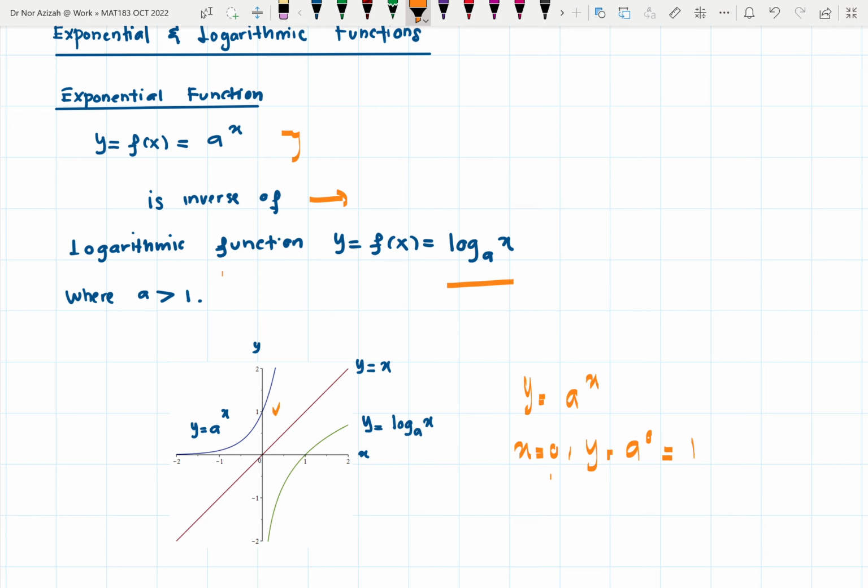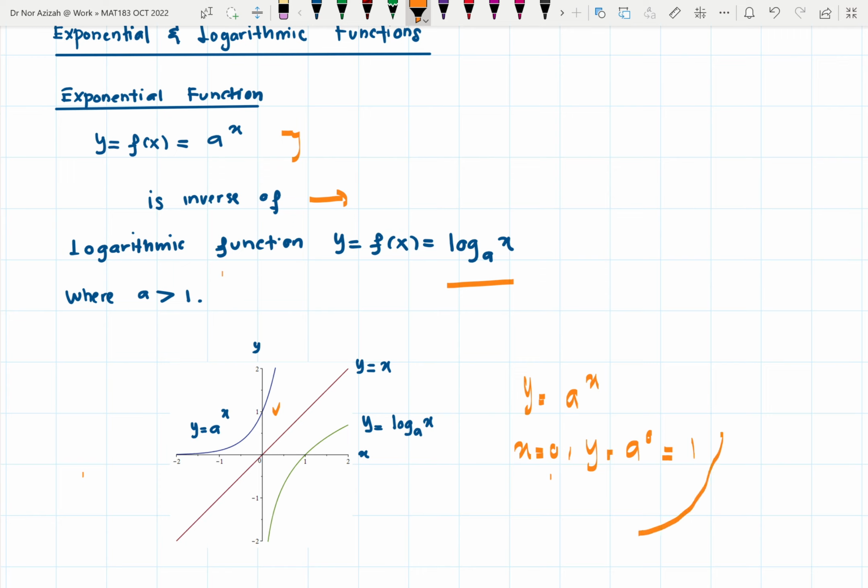So this is the y-intercept for the exponential function. You should know that when x goes to negative infinity, y gets close to 0, but does not touch the line y equals 0. So this is the graph for the exponential function.